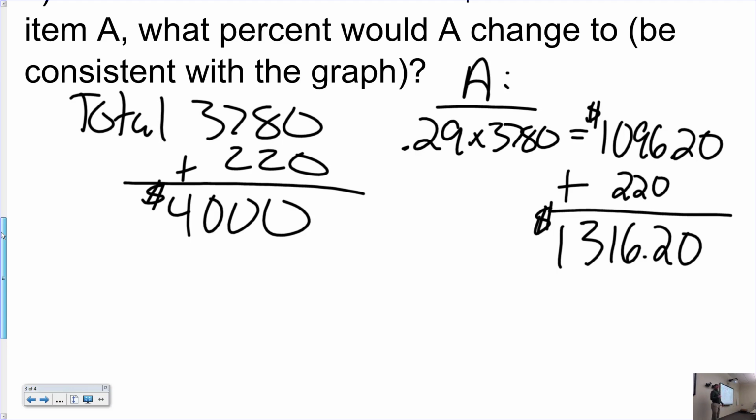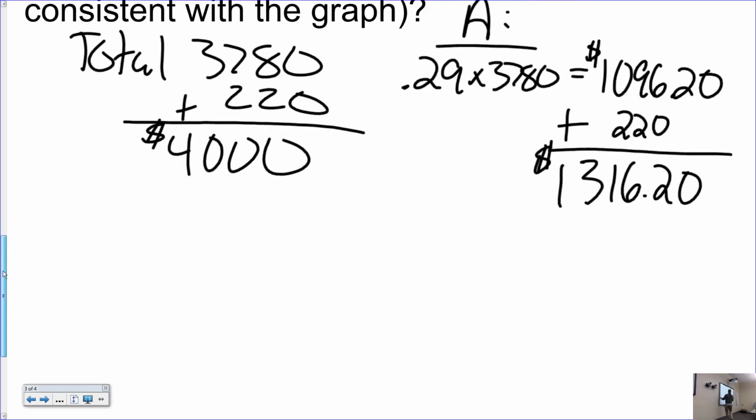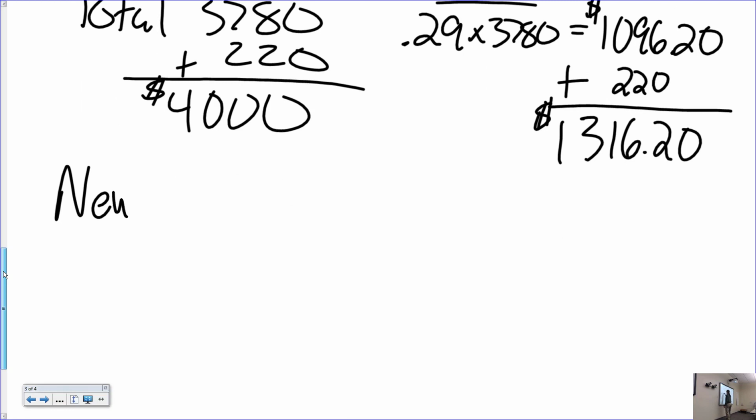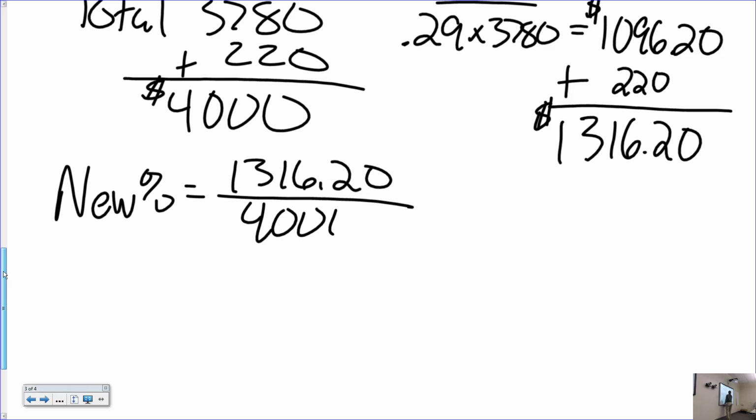Now how do I convert that into a percent? Divide by the total. So what's 1,316.20 divided by 4 grand? 0.329. Yep.